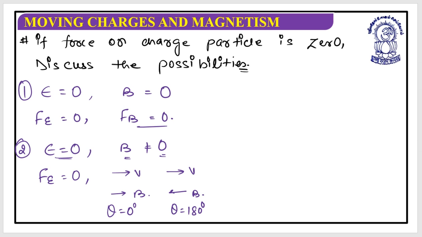Even though the magnetic field is non-zero, my FB will be equal to 0, because theta is 0 or 180 degrees. Electric force was already 0. That means this can be done. I hope this is clear.